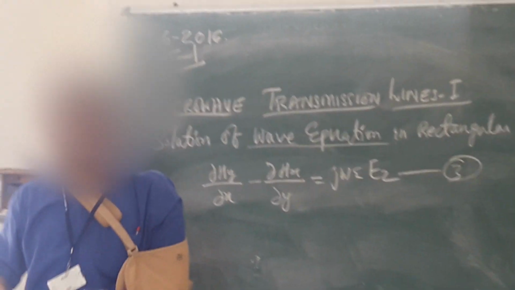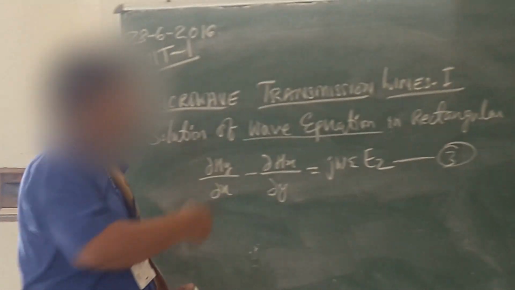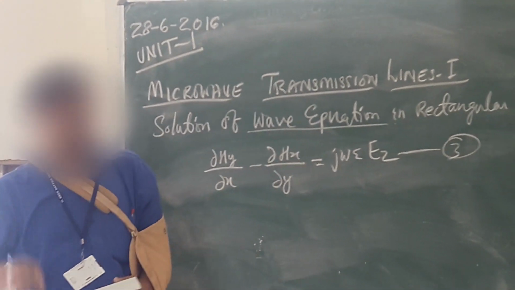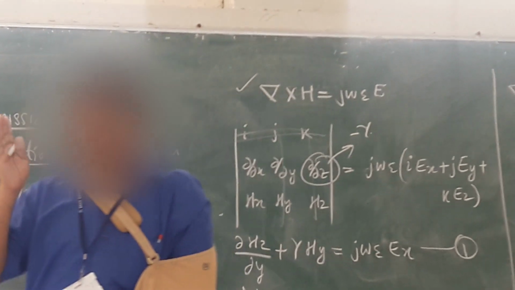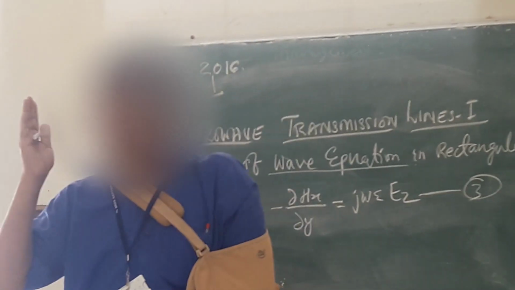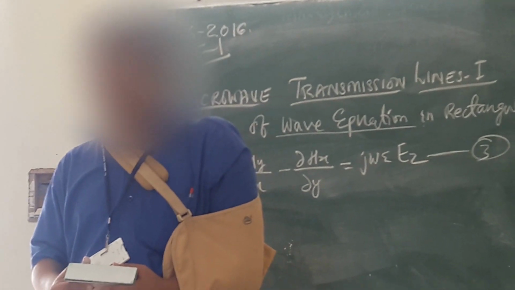I have got these 6 equations. 3 equations are related to your electric field and 3 equations are related to your magnetic field. Our aim is that we want to know your Ex component, Ey component, Hx component and Hy component in terms of your Ez and Hz component.